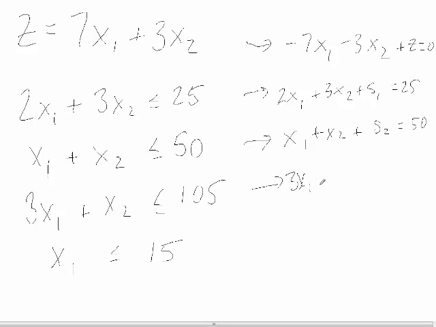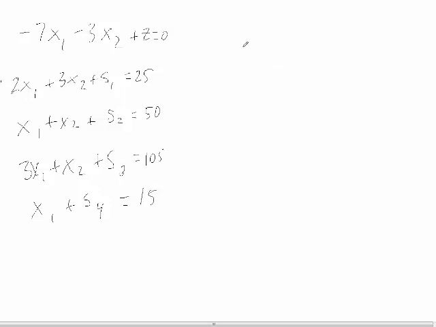Third, slack variable 3 to our third equation, and then the last one. So we've got our two variables and two slack variables. And from here we can create our initial tableau.